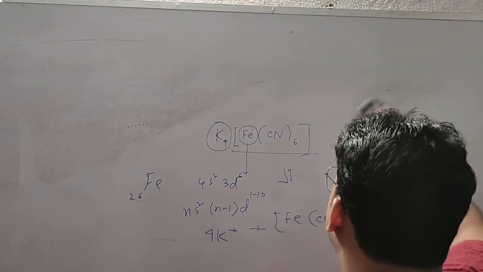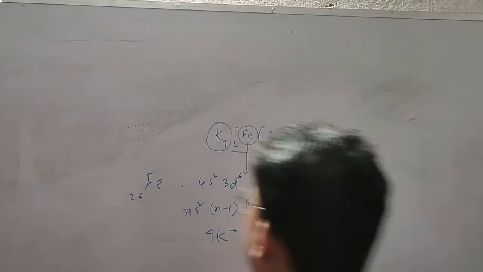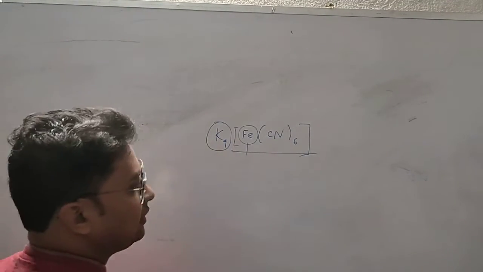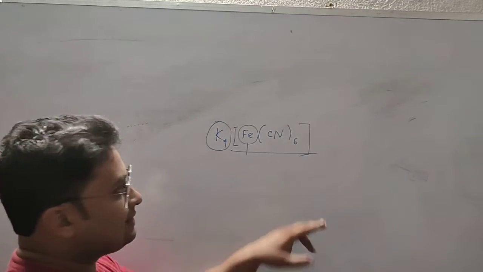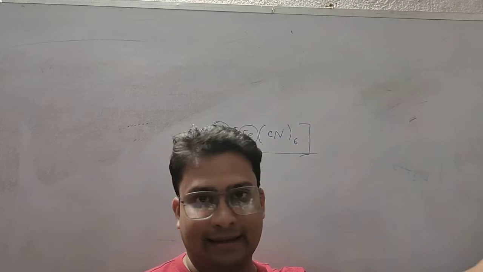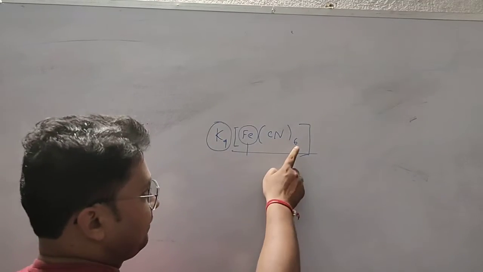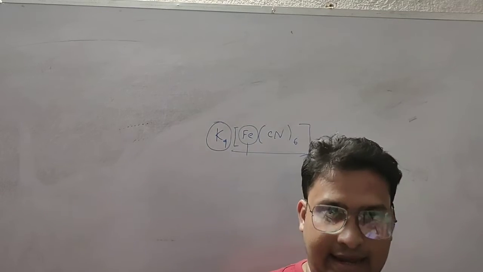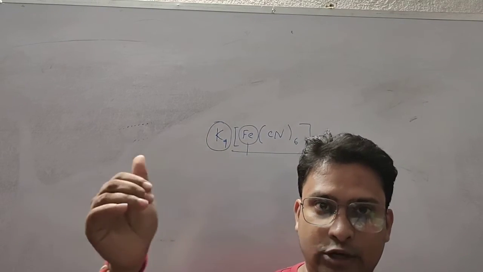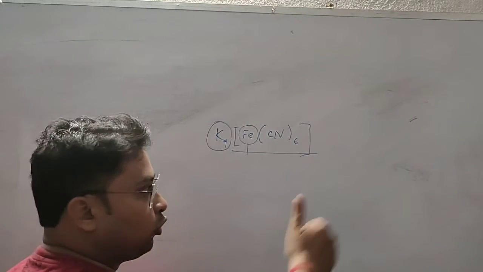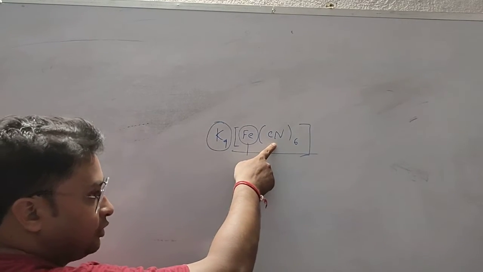For this, you have to learn some rules. 6 is called hexa, like penta, hexa, tetra. And CN is called cyanido: cyanide changes from ide to ido. So hexacyanido.